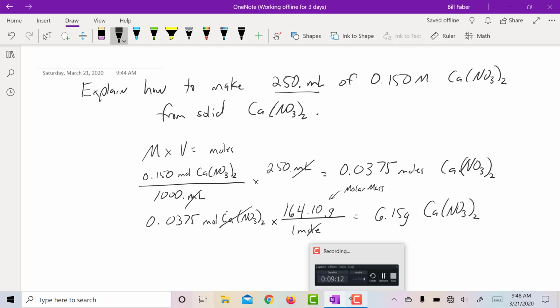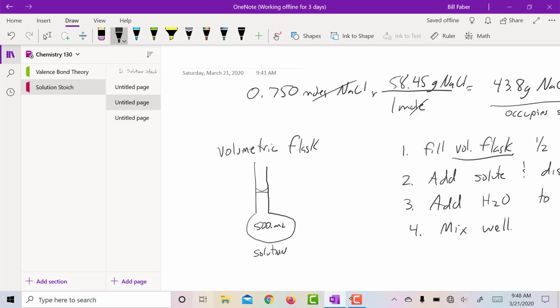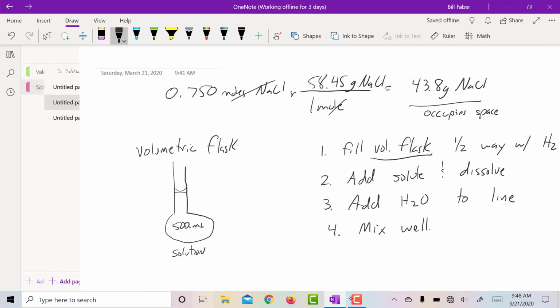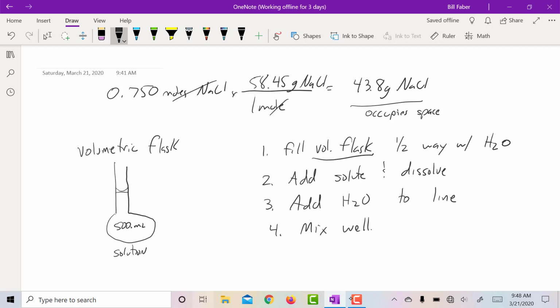Now, in order to do this problem, this is the math. This is most of the points for problems like this. But then you have to follow the instructions that I gave you last time and explain that you fill the flask halfway with water. You'd use a 250 milliliter volumetric flask. This is a 500 milliliter.